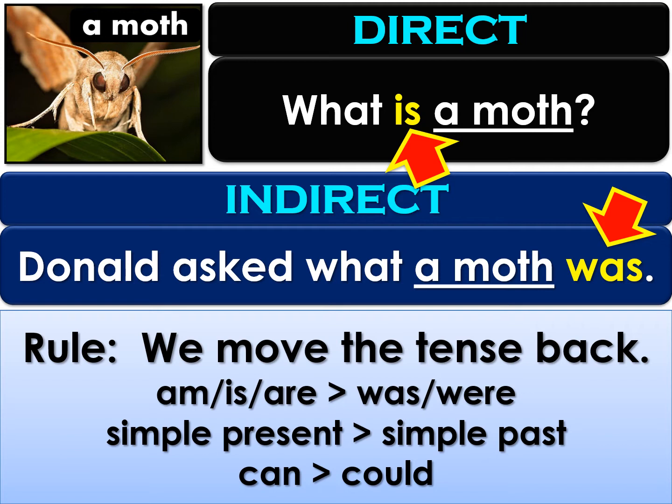That's a present simple question. Now, in the indirect or the reported question, Donald asked what a moth was, and the verb will come after the subject. So when we move the tense back, am, is turns into was, are turns into were. Simple present will go into the simple past, like eat will turn into ate, and can will turn into could.